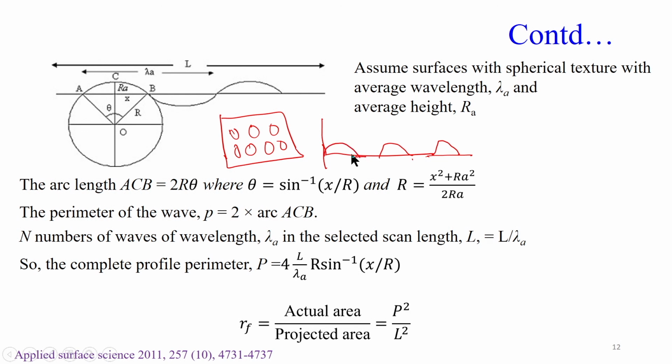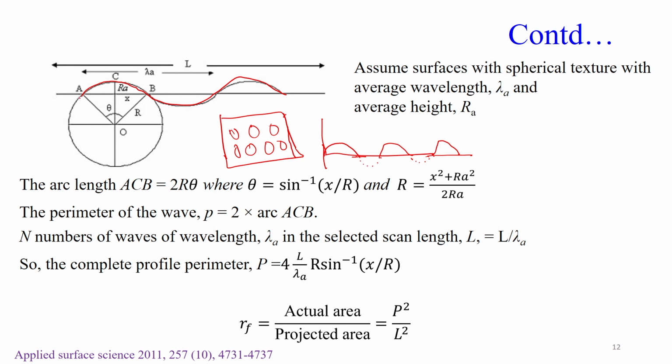This is a 2D profile. We can make a wave pattern like this. So, from this surface topography or surface morphology, you should be able to draw a wave pattern. This is the same wave pattern here, going like this to this. Fine, so we will just consider one wave pattern.